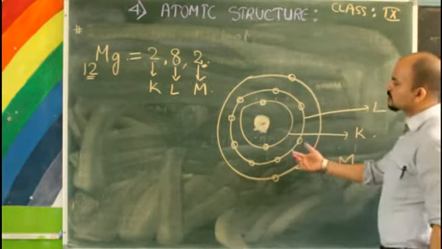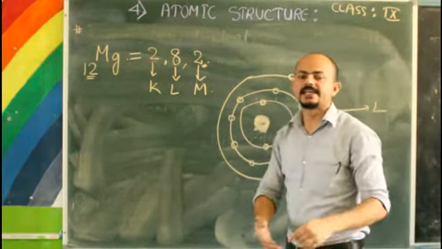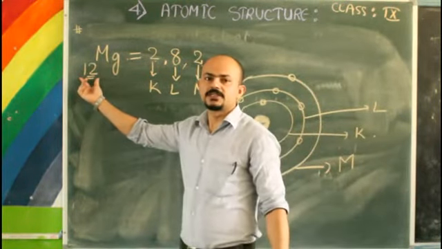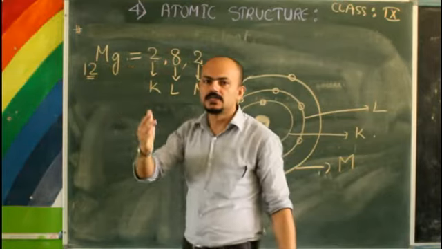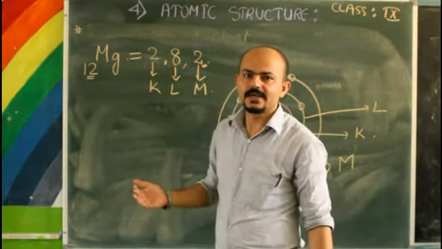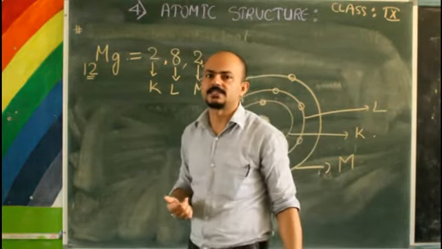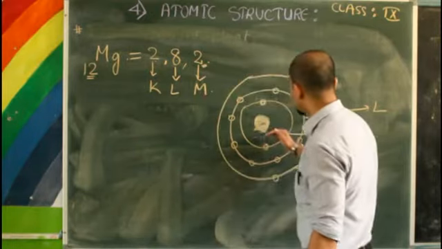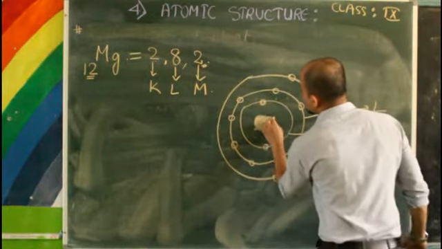This is how you draw the structure of magnesium or any atom. You just need to know its atomic number. And I have asked you to learn the atomic numbers from hydrogen till calcium. That is in your syllabus, and you have to learn it. So from 1 to 20. And here at the center, what do you have?